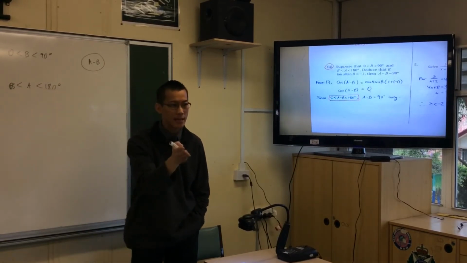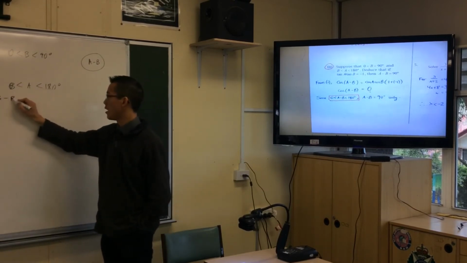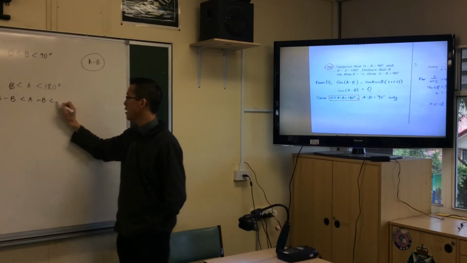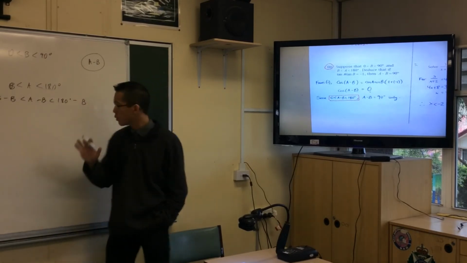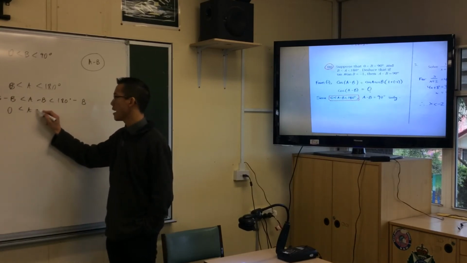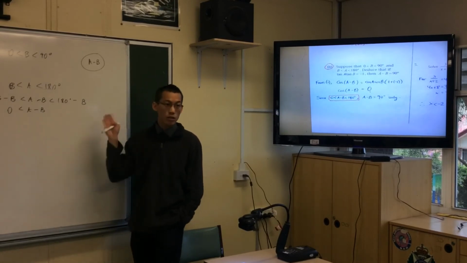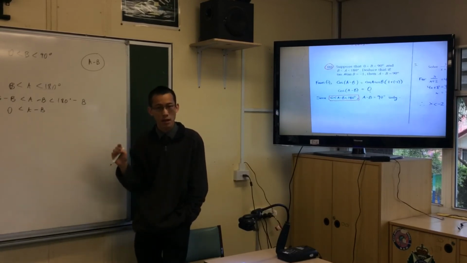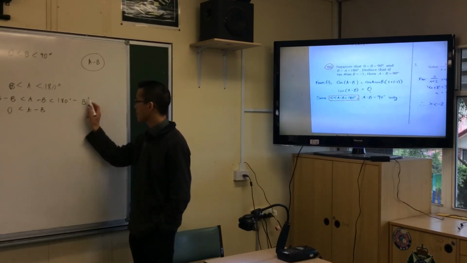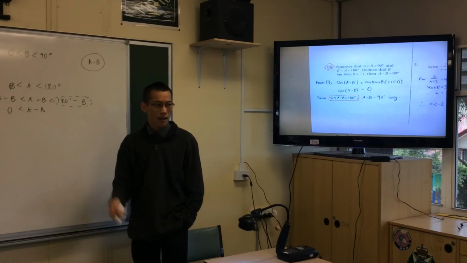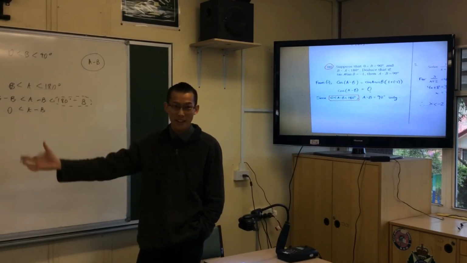I would take away B from every part of this inequality, right? So this is worth writing down. I would go B minus B, A minus B, and 180 minus B. You okay with that? So therefore, what have I got here? I've got 0. I've got A minus B, which is the angle that I want, okay? Now over here on the right, I could just leave that as it is, okay? But keeping in mind that all I know about B, like over here, it could be 0.00000000001, right?